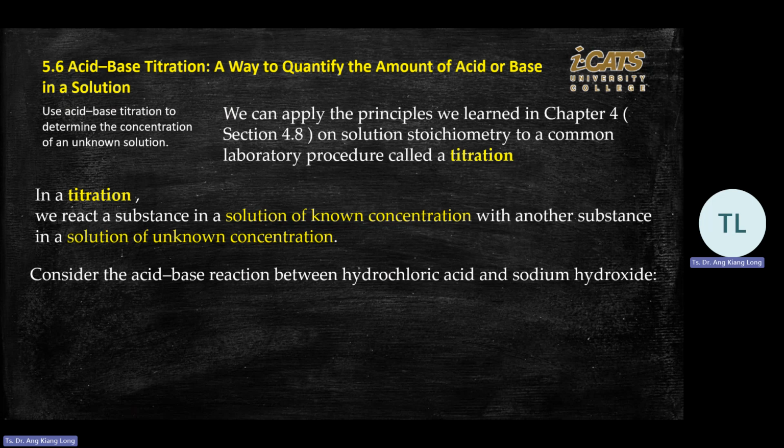It can be mole per gram if you want, but normally it's mole per liter. This one was already covered in your test one. So if you're given a known concentration and another unknown concentration, you combine these two, then you predict the results by using the four concepts that you learned previously.